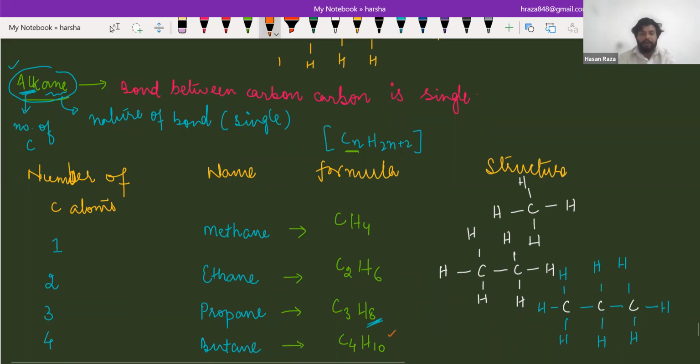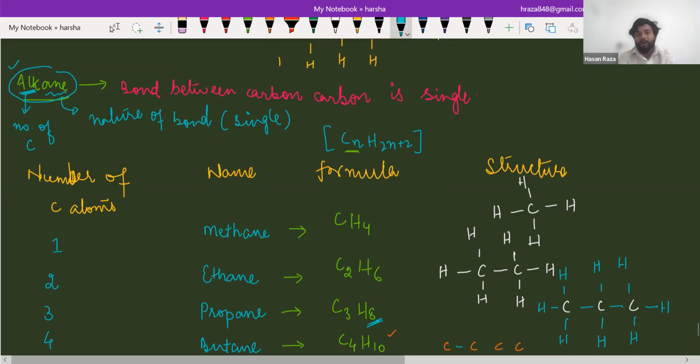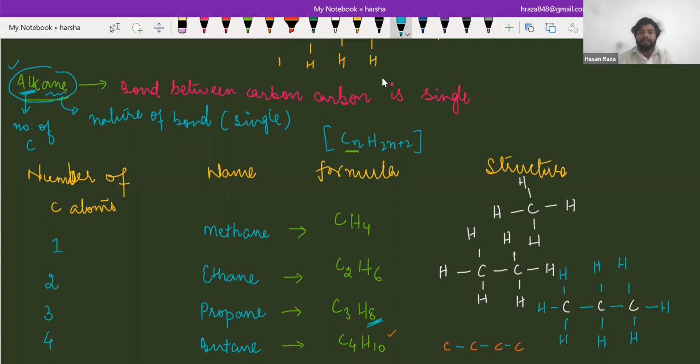Now come to this C4H10. You are going to write 4 carbon in a straight line, and since it is alkane, you are going to write the single bond between all of these carbons. Now divide the hydrogen, giving hydrogen to the terminal carbons. The terminal carbon, left carbon as well as right carbon, will take 3 hydrogen.